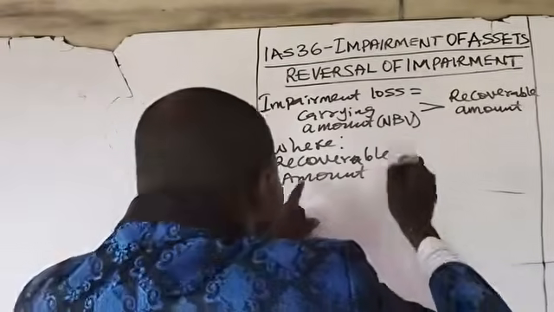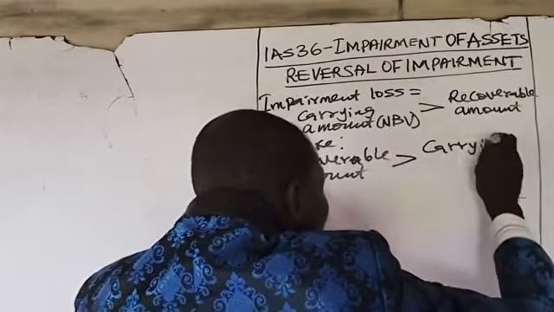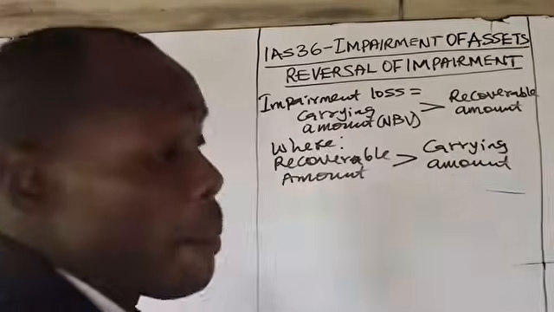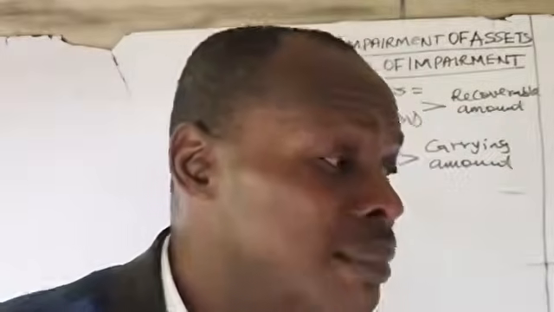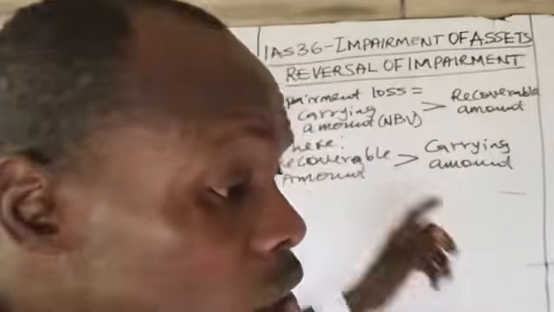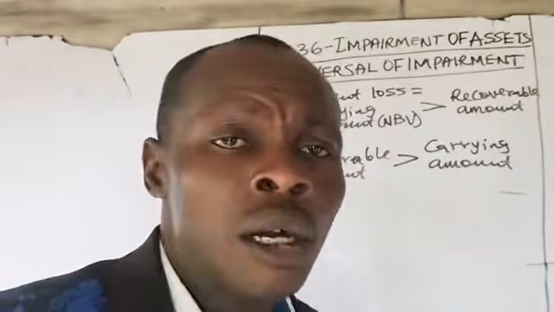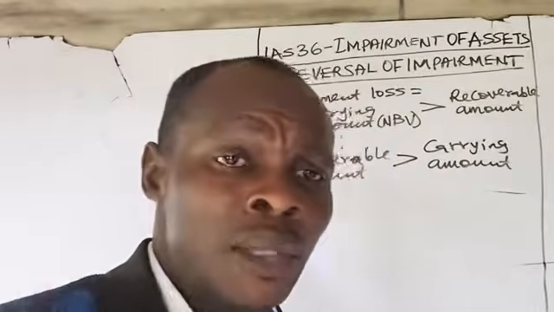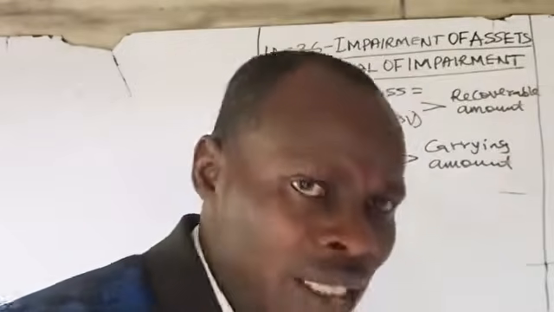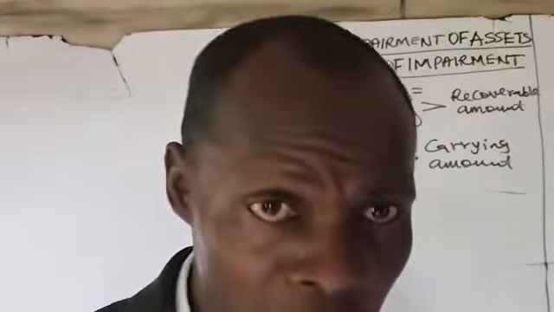That is, the recoverable amount of the asset now turns out to be greater than the carrying amount. That means the impairment loss on such an asset will need to be reversed. That is what we mean by reversal of impairment.